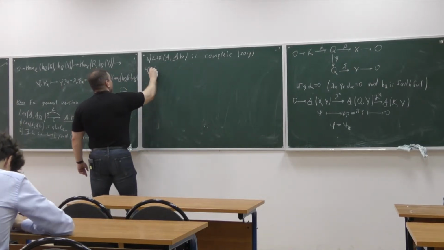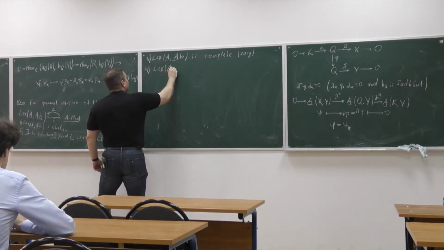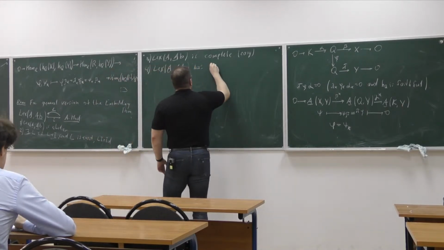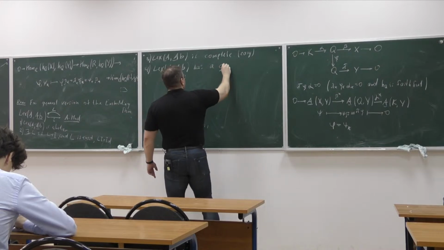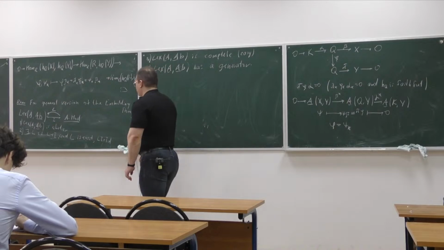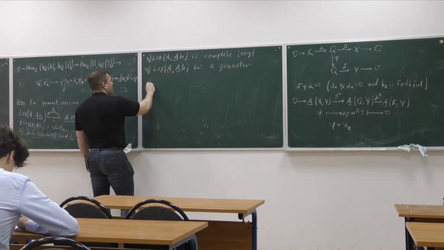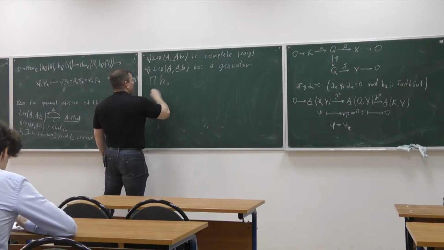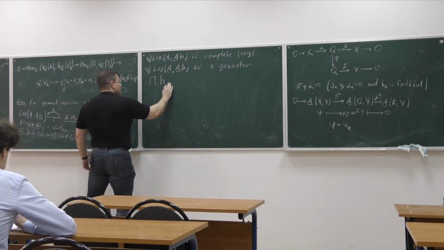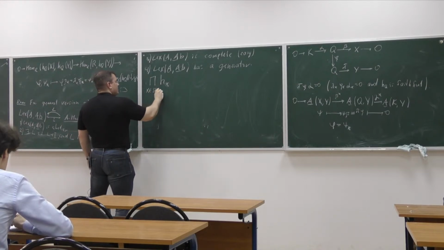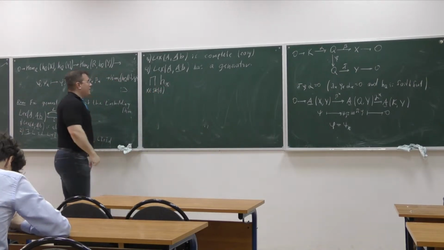Four: Lex has a generator. This is also a very simple statement. You just take the product of the H lower X, where X are all objects in the skeleton of A. So this is the generator.